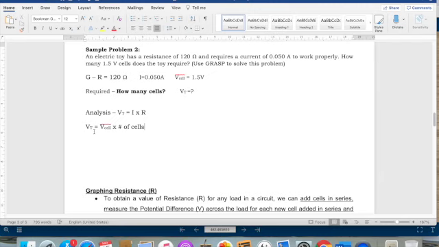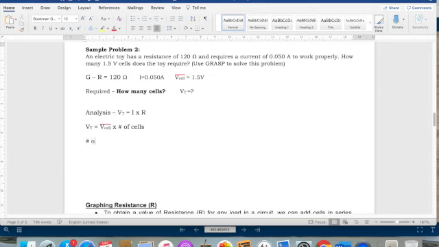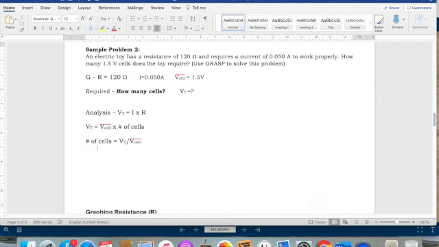So if I multiply 1.5 by how many cells there are, that will tell us the total voltage. But we're going to go about this a different way, because I can find the total voltage from the current and resistance, and I'm looking for the number of cells. So I have to rearrange this equation so that the number of cells equals the total voltage divided by the voltage of the individual cells, which is the total voltage, which we haven't found yet, divided by 1.5 volts.